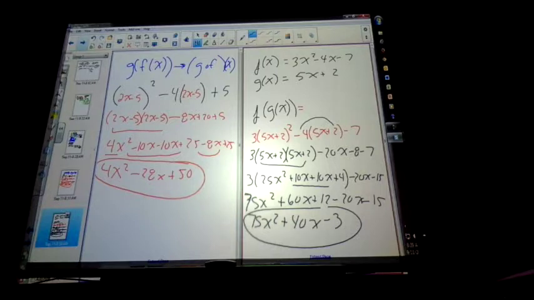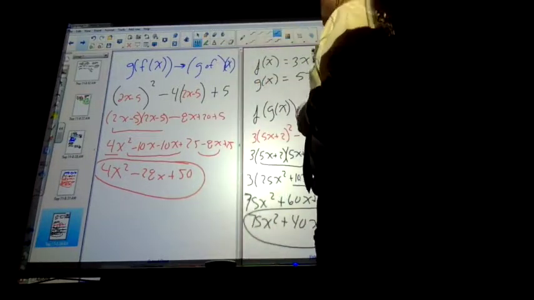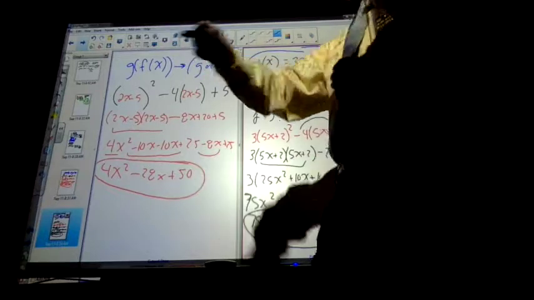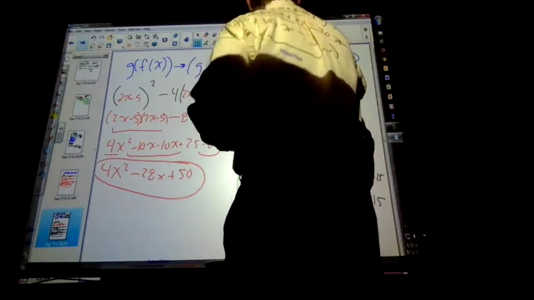Question for you. What is the domain of f at x, the original? What's the domain of the original? What's this domain? Negative and positive infinity. Love it.